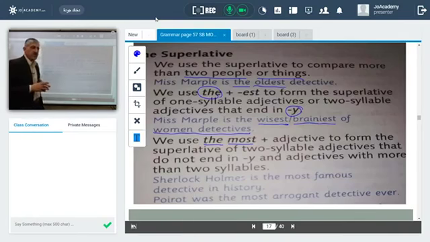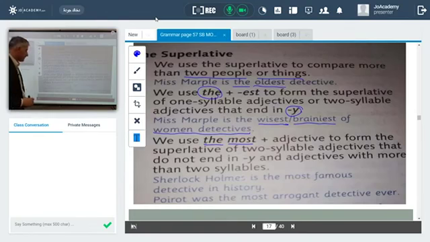So if it doesn't end with y, we add the most, and we don't change anything with the adjective. We keep it as it is. So we don't add est to the end of the adjective, but we put the most before it. The most, if it doesn't end in y, and adjectives with more than two syllables.